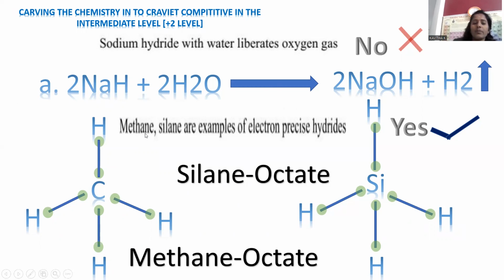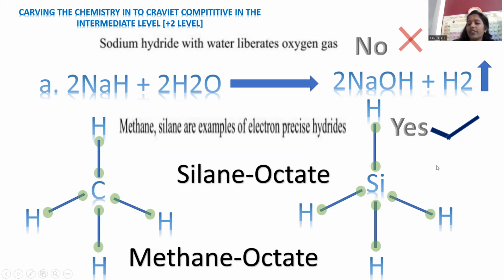If you go with methane, it is of tetrahedral geometry with the carbon containing 4 hydrogen atoms in the regular tetrahedral geometry, where carbon is surrounded with 4 covalent bonds, and you can count 1, 2, 3, 4, 5, 6, 7, 8 electrons in the bonding form, so methane is perfectly satisfying the octet rule. If you go with silane, silicon tetrahydride, again it is the tetrahedral geometry.